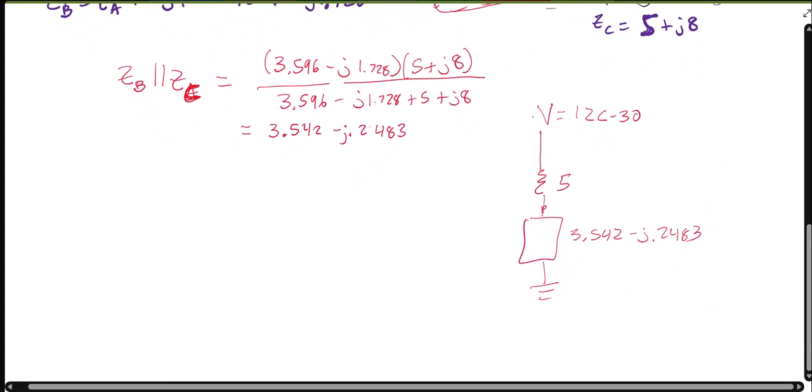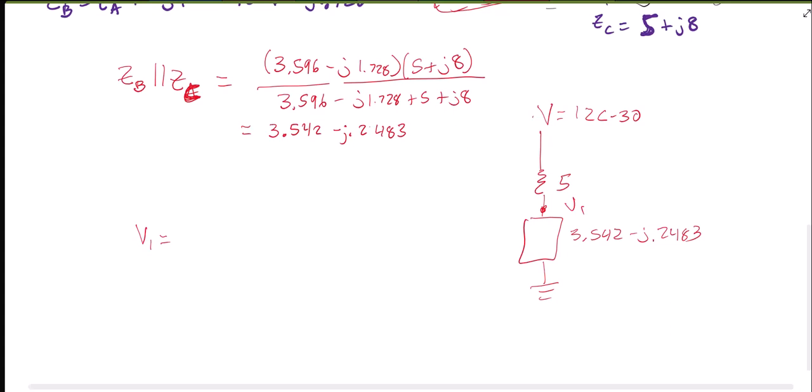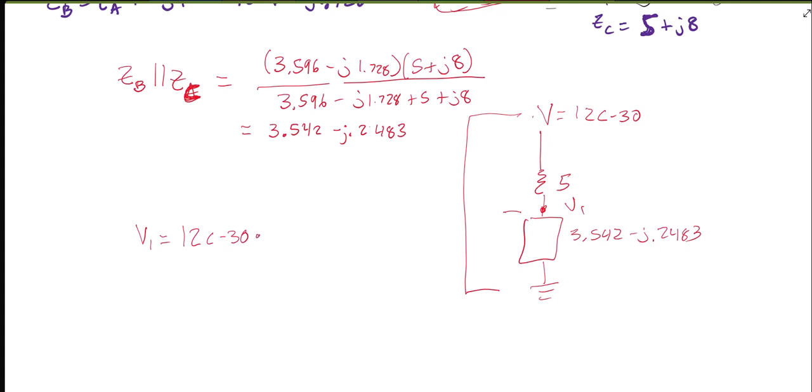So to find V1, which is right there, V1 is going to equal the total change in voltage from here to here, which is 12 angle negative 30, times the impedance from 0 to V1, which is 3.542 minus j0.2483, over the total impedance.